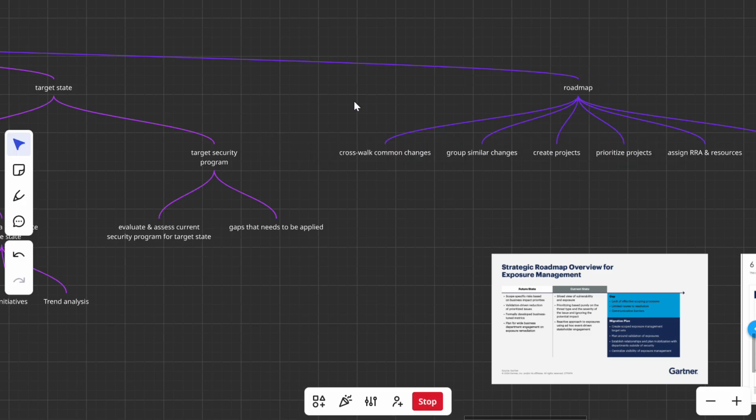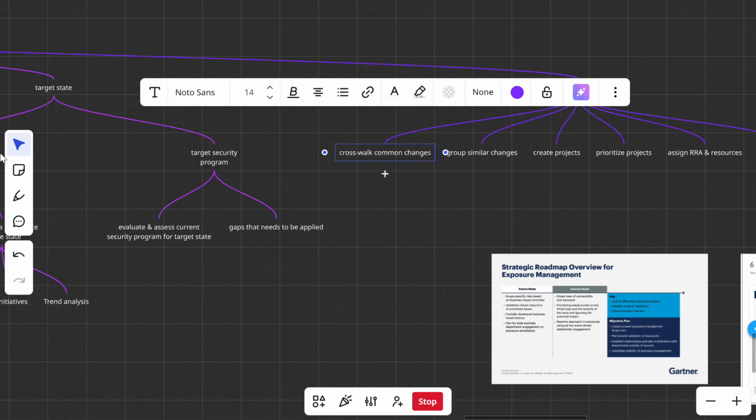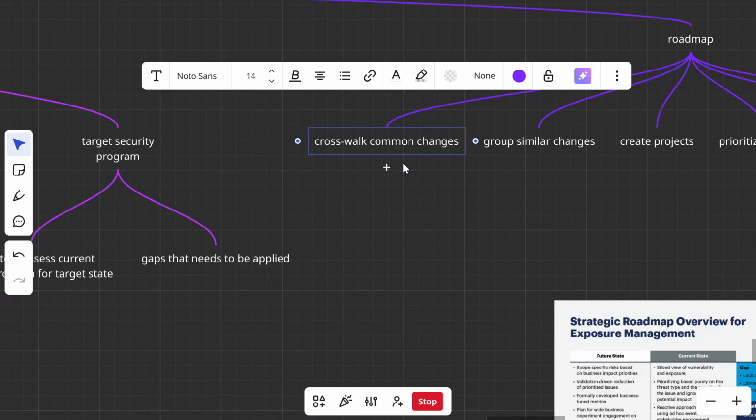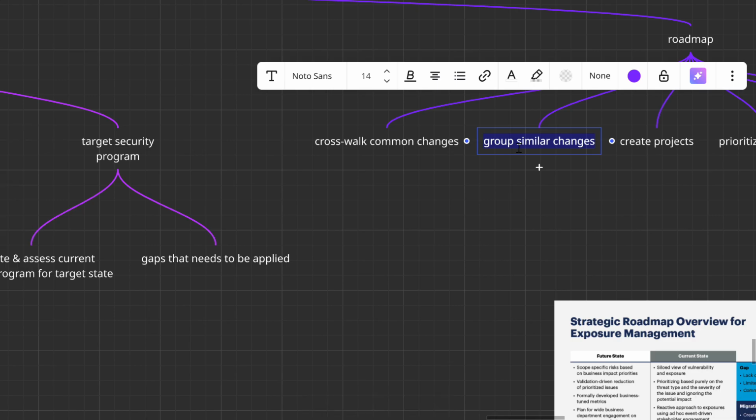How can you create a roadmap? As part of the security program, you have identified some changes. Some of the changes are redundant, so you group those accordingly. You crosswalk the common changes, so there is no redundancy. Sometimes there is similarity. One example is inventory asset management. You may have software asset management.